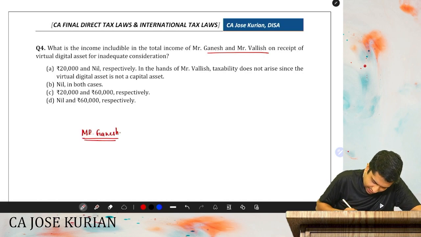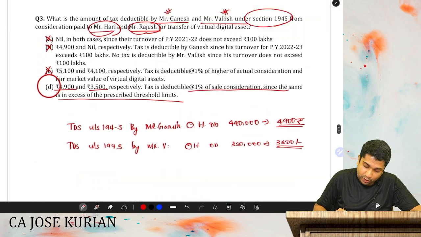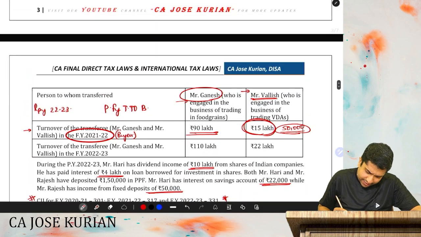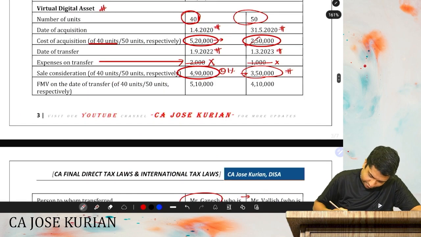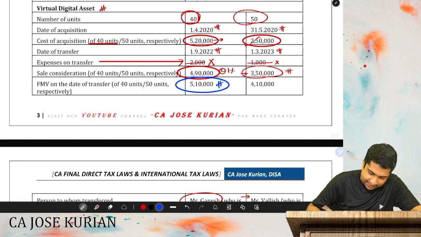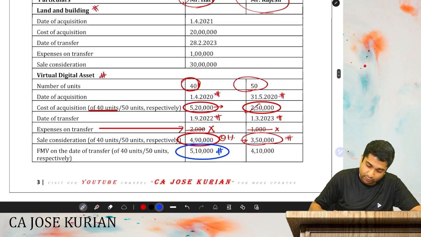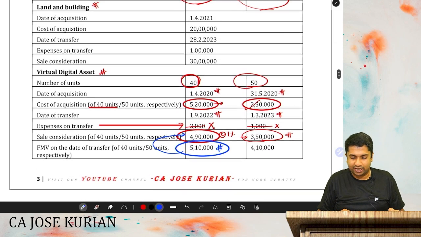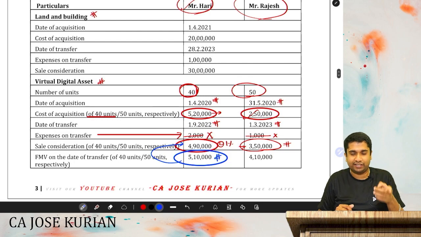Mr. Ganesh, how much is the fair market value of the VDA which he has acquired? The fair market value of the virtual digital assets that he acquired, in the question it says, is 5,10,000, and the actual consideration paid by Mr. Ganesh is 4,90,000. That simply means Mr. Hari sold it for 4,90,000, and the fair market value is 5,10,000.